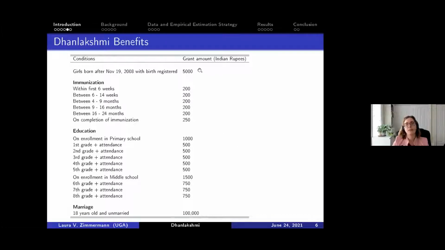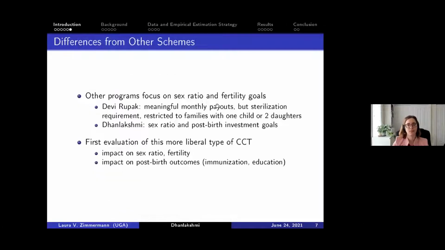But in the area that we'll be studying, even that 5,000 rupee initial payout is actually equivalent to 1 month of average household income and expenditures. So these are actually meaningful magnitudes here. As I mentioned, important differences from other schemes, mostly in the sense that the Dhanlakshmi scheme does not actually restrict fertility in any way, whereas previous programs were really worried about massive increases to fertility.